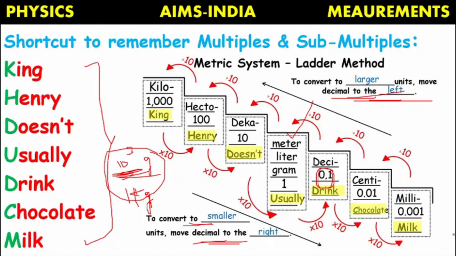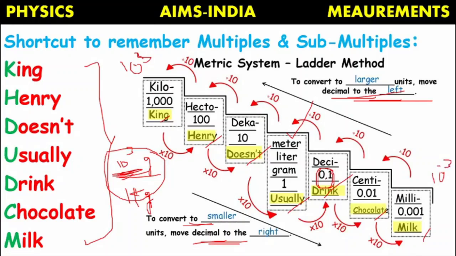So if you see the order: kilo, hecto, deca, meter, deci, centi, milli. We can remember all these unit names with this phrase: King Henry doesn't usually drink chocolate milk. So by this phrase we can remember the names of the units from 10 cube to 10 power minus 3, meaning from kilo to milli.